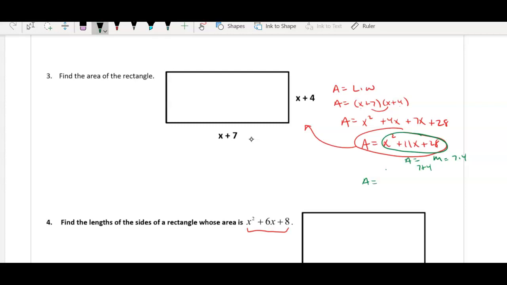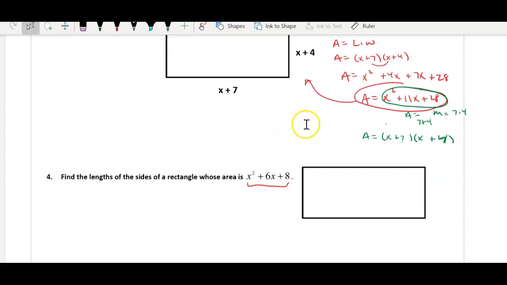Therefore, we could say that this becomes, if I factor it, you have to have x as your first term to give you x squared, but to get that last term, you need 7 and 4, but at the same time, we need these middle terms, 7x and 4x, to add up to 11x.